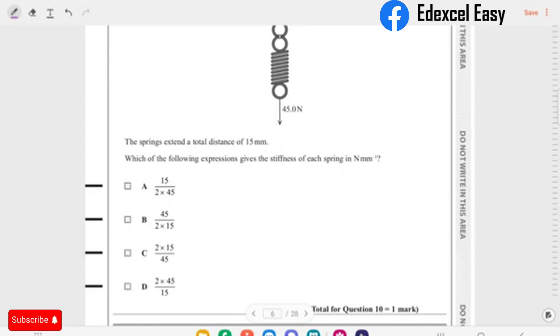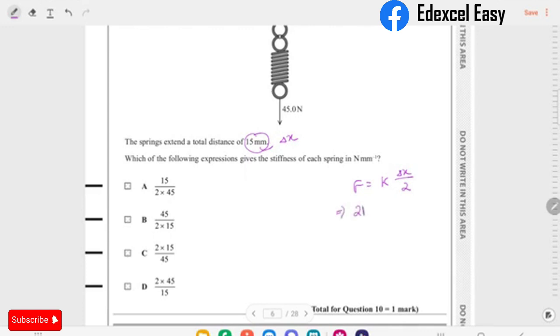For example, the extension for each of them will be half, right? For one spring, F equals to K delta X over 2. This is delta X for you, right? Delta X over 2 for one spring. In that case, you can just take that 2 to the right hand side, or just make K the subject of this equation.